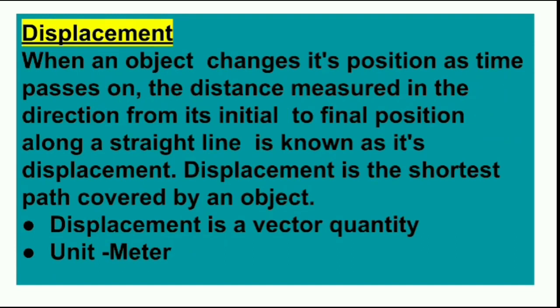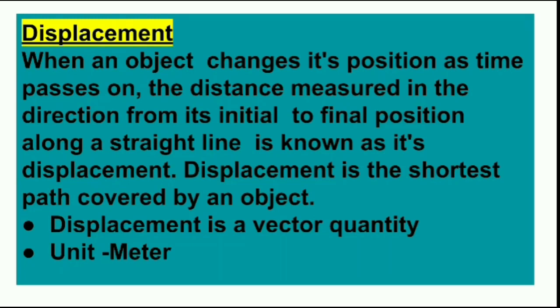Now we have to know about displacement. When an object changes its position as time passes on, the distance measured in the direction from its initial to final position along a straight line is known as its displacement. Displacement is the shortest path covered by an object.